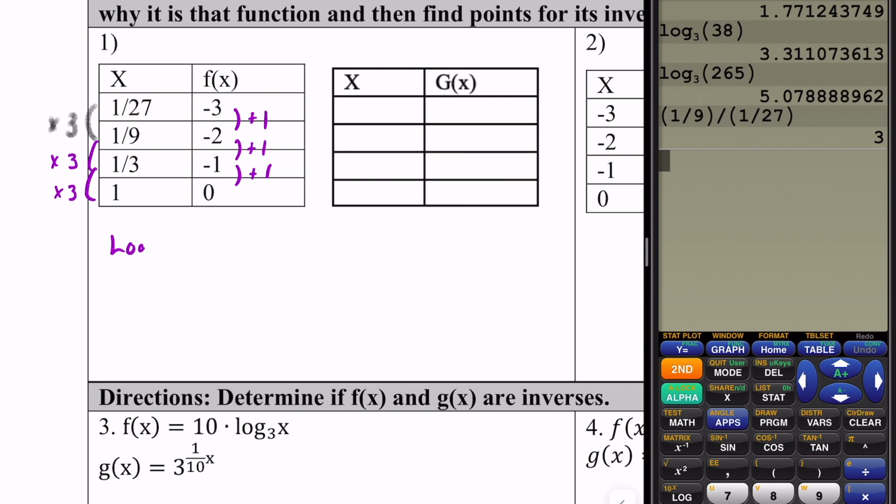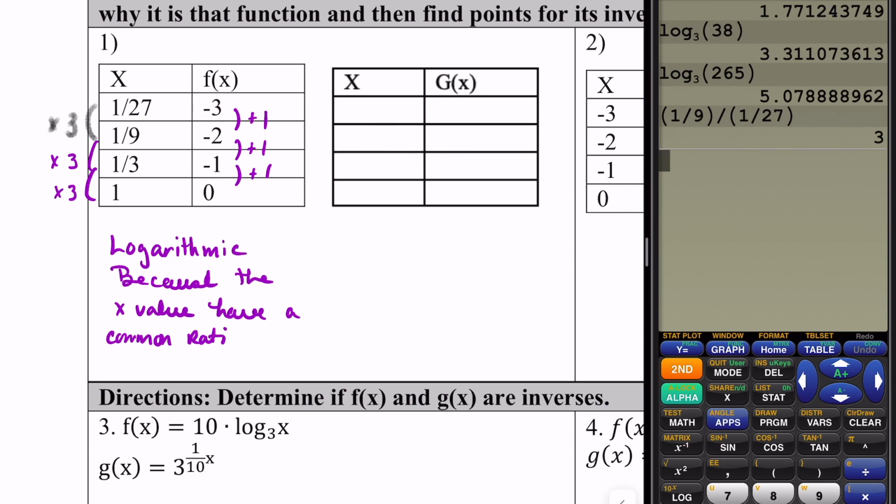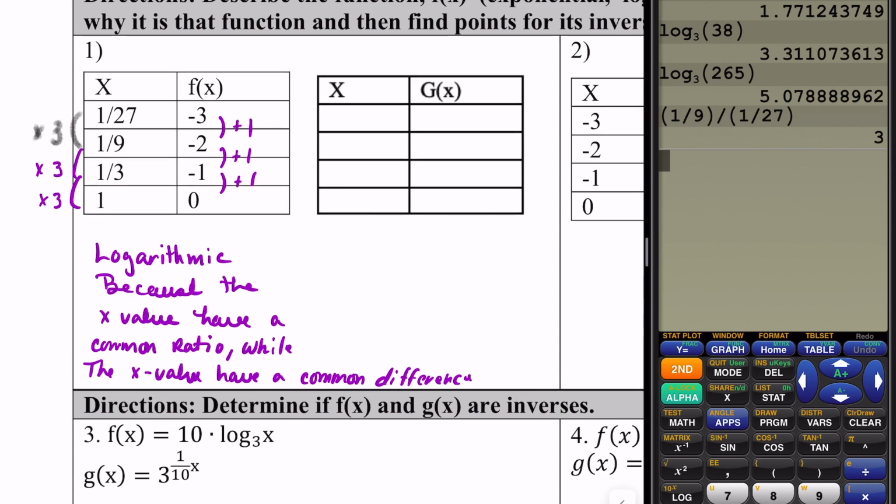So this is logarithmic, because the x values have a common ratio and the y values have a common difference. Something to that effect.